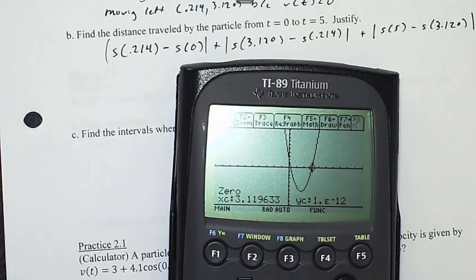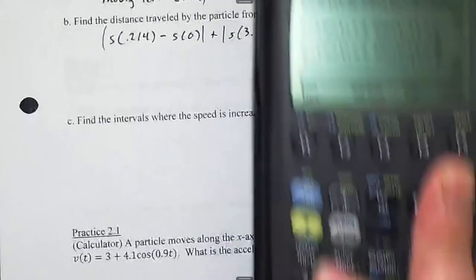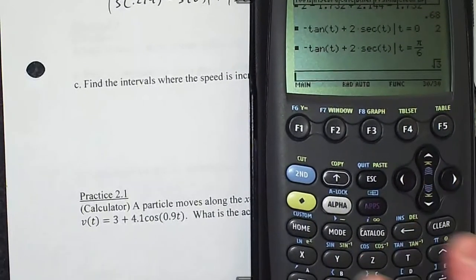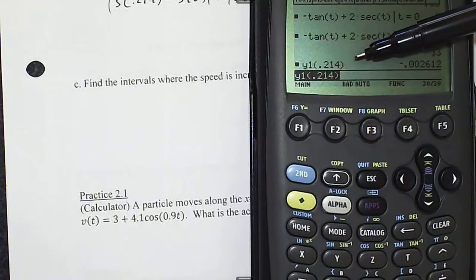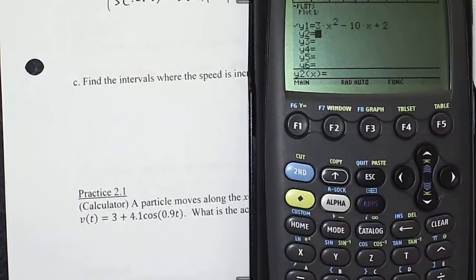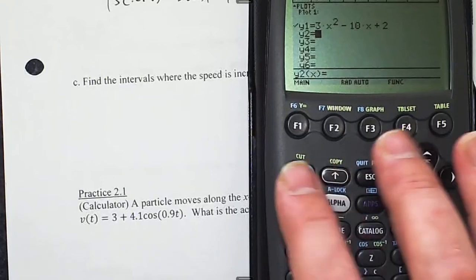So I'll go back to my home screen on my calculator. I want to show you something. We can actually say y1. Okay, because our y value, y1, is this equation here, and we've already got it in there. Well, that's my velocity, actually. Never mind.